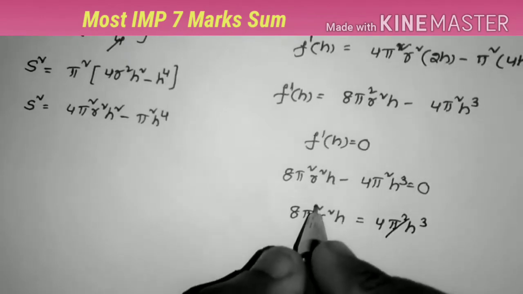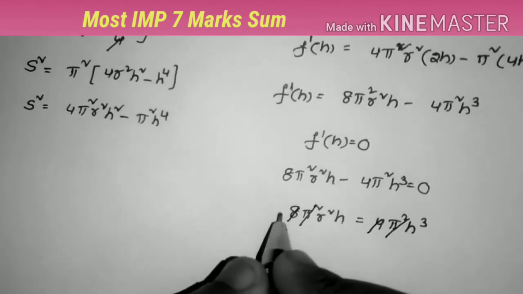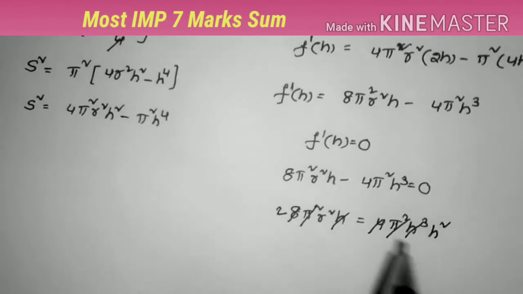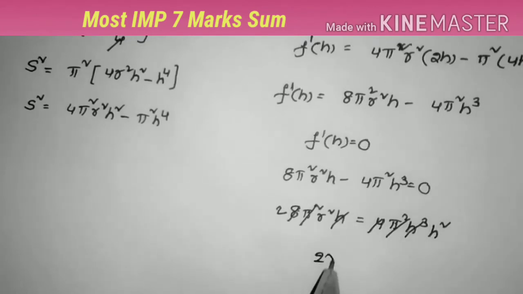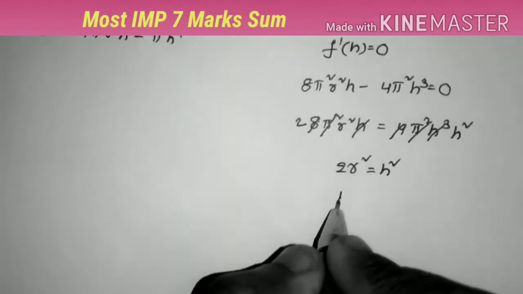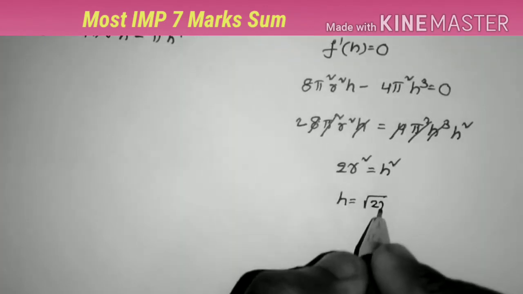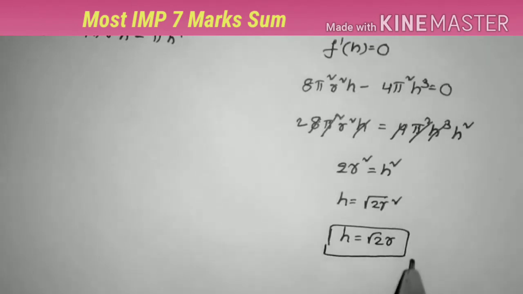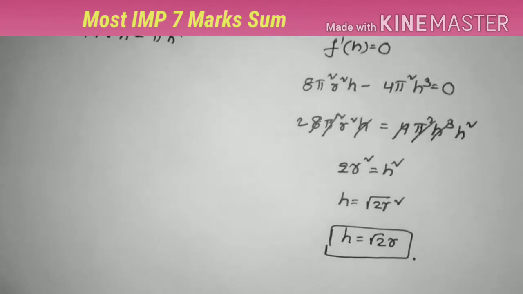Now here pi square gets cancelled, 4 is cancelled by 2 times, and one h is cancelled. So the remaining value is h square. 2r square is equal to h square. That is h is equal to root 2r square. Therefore the value of h is equal to root 2 into r. Here we get one h value, h is equal to root 2r.